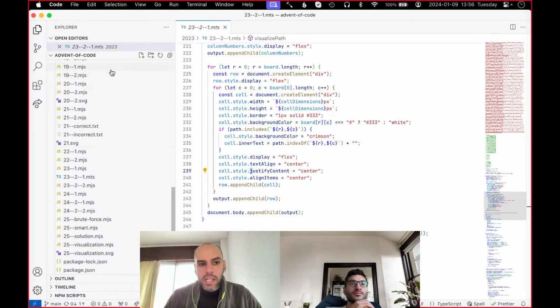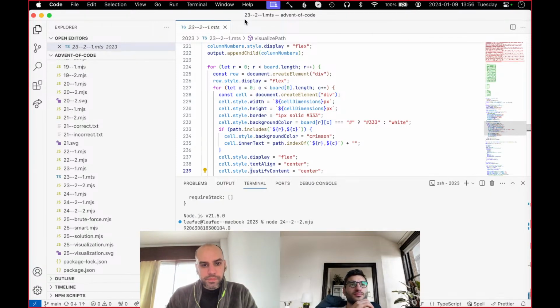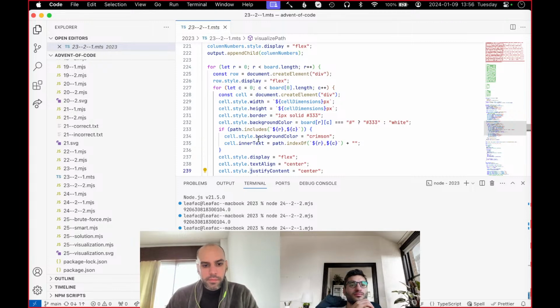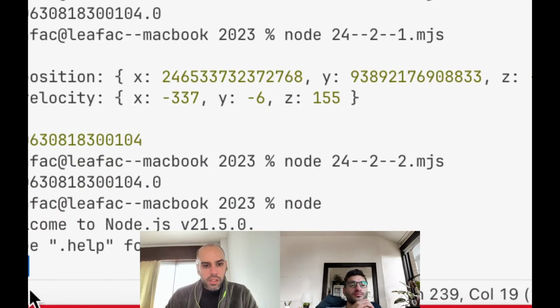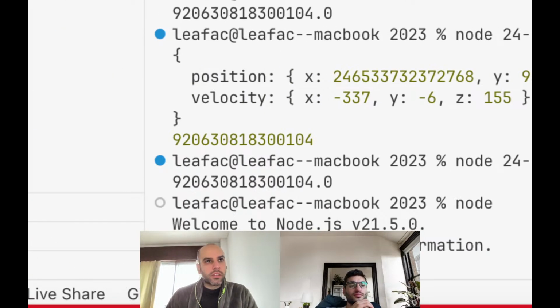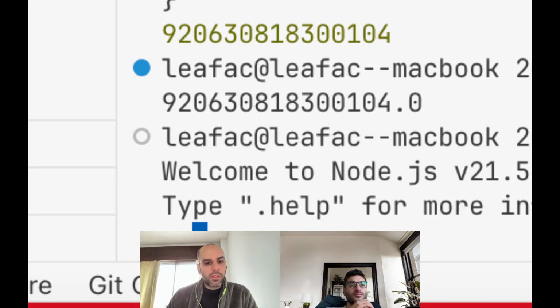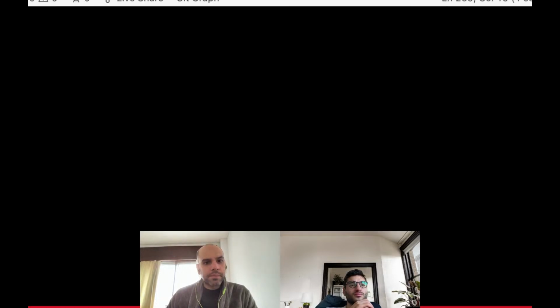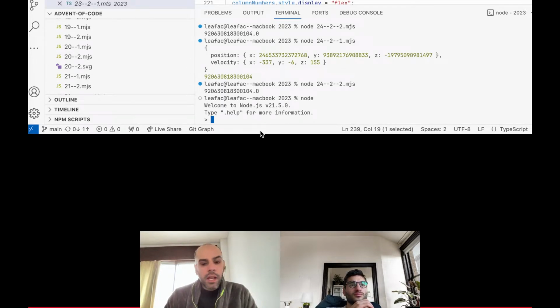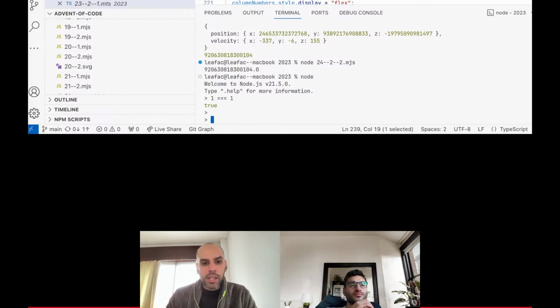But in many days, when I needed to put things in sets, I would JSON stringify the thing. Because in JavaScript, if I want to check, for instance, if 1 is equal to 1, that works.